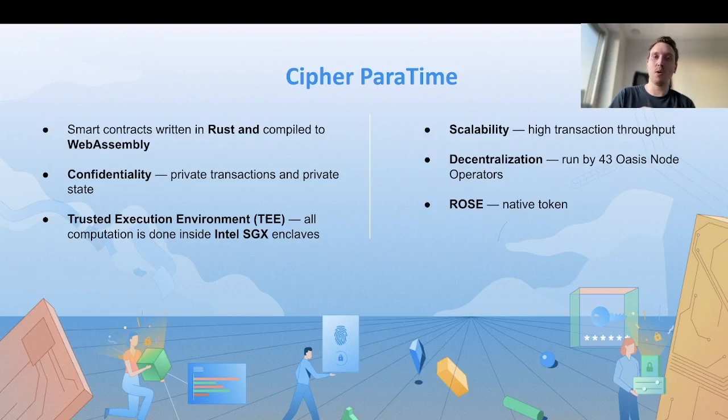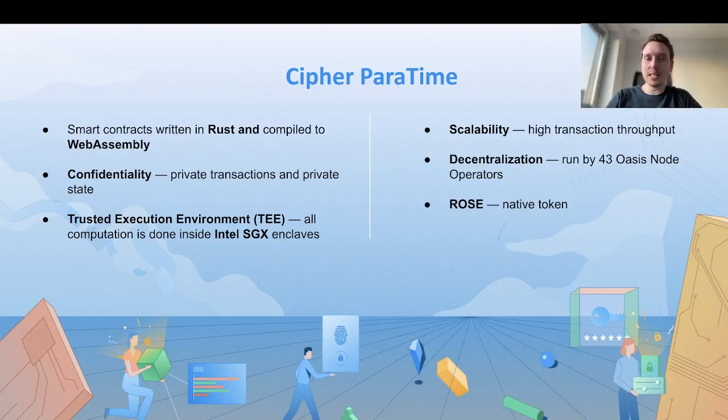So we now have the Cipher ParaTime, which is like a separate blockchain, right? Isolated from consensus and other ParaTimes, and we can perform that in a secure environment on our Cipher ParaTime. So when we talk about confidentiality, we can talk about private transactions and private states, right?